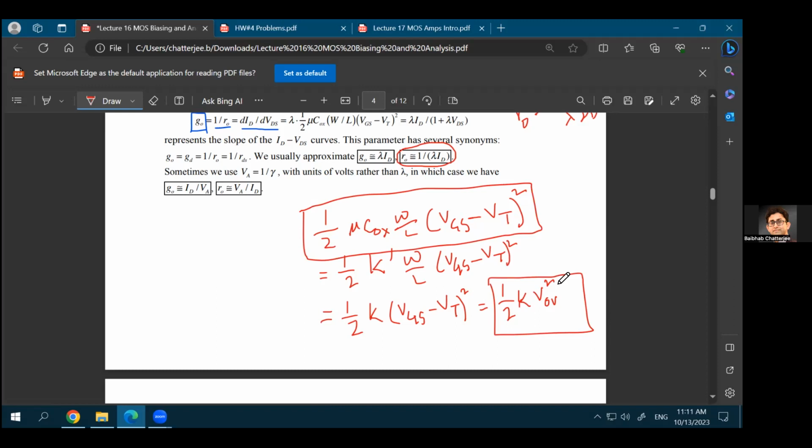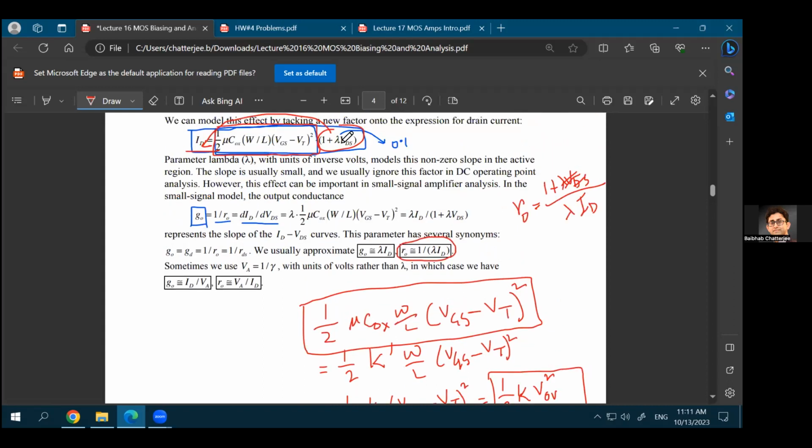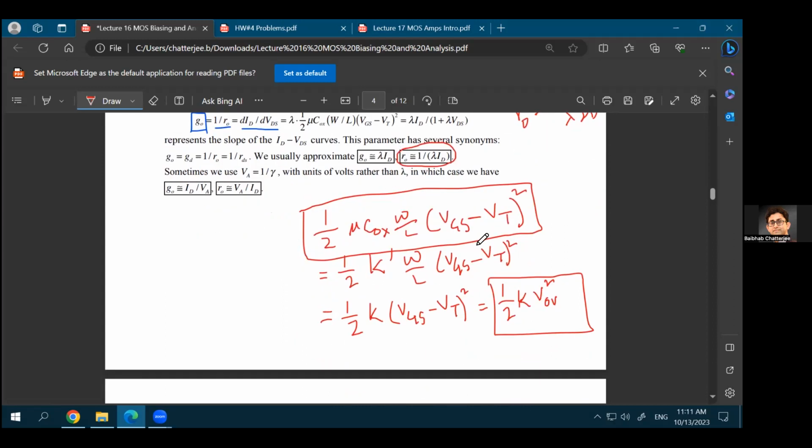So if you want to remember the formula for current in the active or saturation region, except for this 1 plus lambda VDS term, which would be mentioned in the question, whether you want to consider channel length modulation or not, if you ignore this 1 plus lambda VDS term for a moment, this is what your equation looks like in the active region.